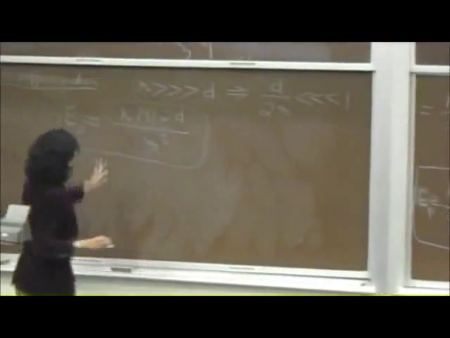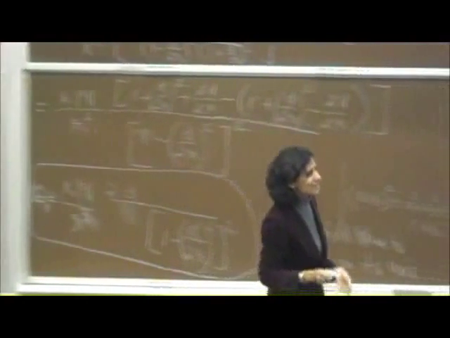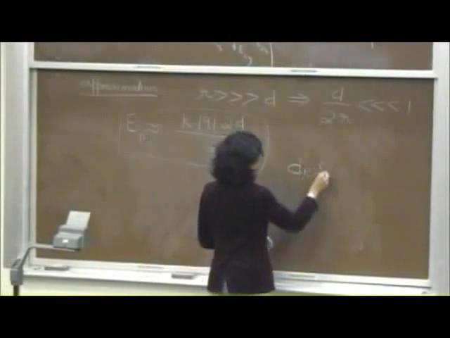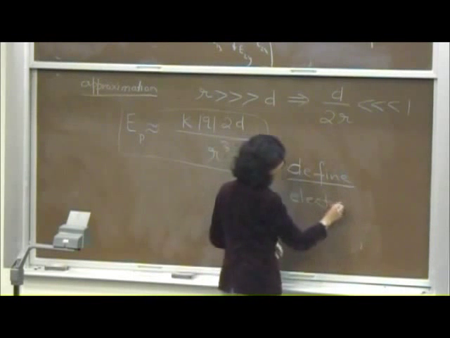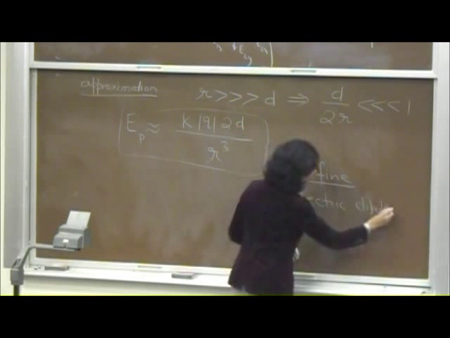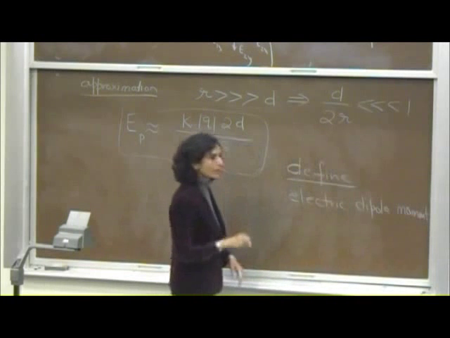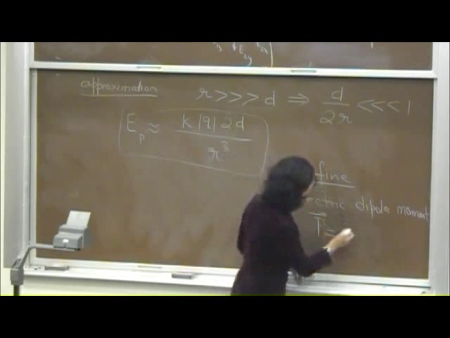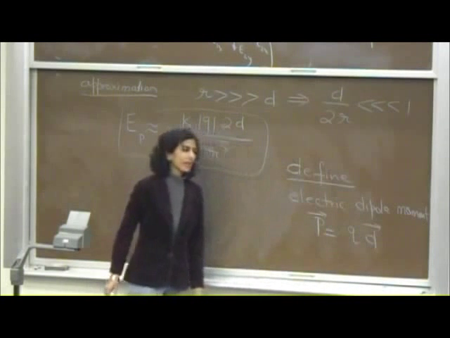The other thing is, I can write this thing in terms of a new term. I'm going to define a new term that is going to be called the electric dipole moment. How am I going to define it? It's a vector quantity p which is equal to Q times d, and now I'm going to call d a vector.